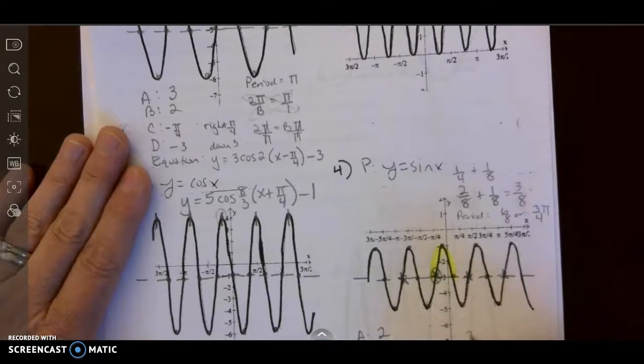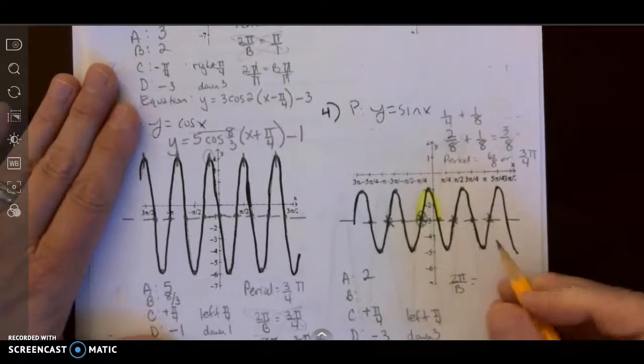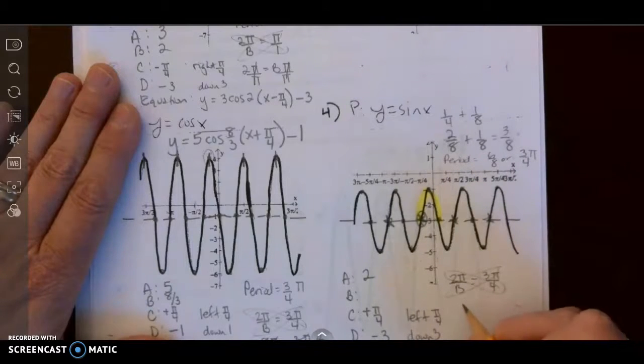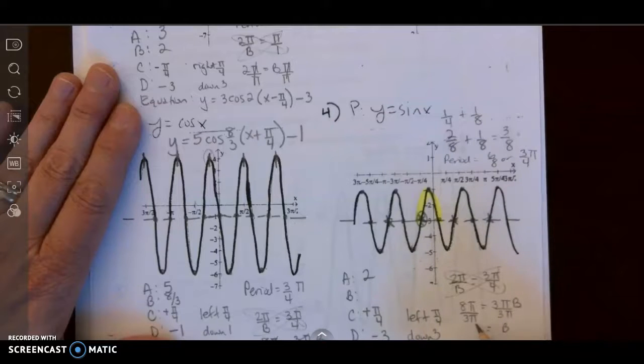So since 2 pi divided by b is equal to the period, which is 3 pi over 4, I cross multiply and I get 8 pi equals 3 pi b. Divide both sides by 3 pi, and b equals 8/3.